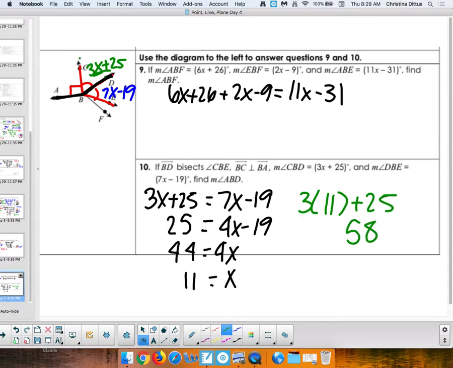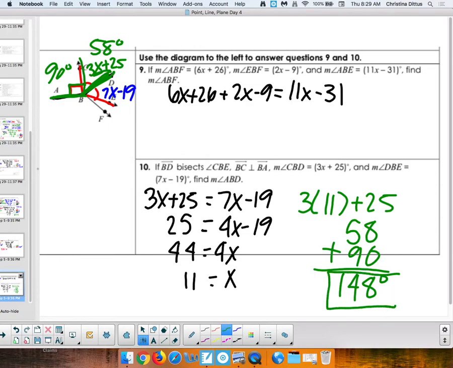So if this right here is 58 degrees and we know this is 90, how do I find that angle? Add them. 58 plus 90. 148 degrees. Okay. Questions?